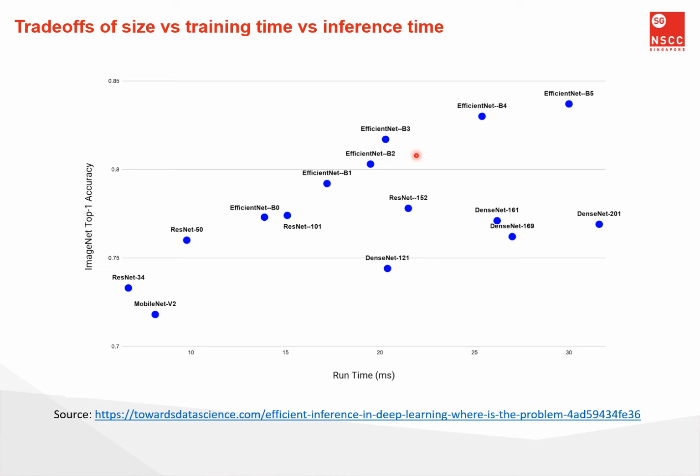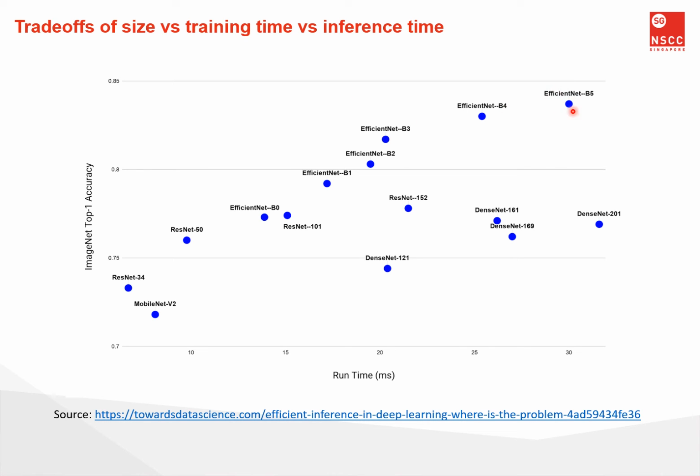And our good and very efficient EfficientNet, you can see that it has a very clear trend where the accuracy gets better the more complex the network is, but the runtime also increases quite a bit as compared with the other neural networks. But you get very good accuracy.